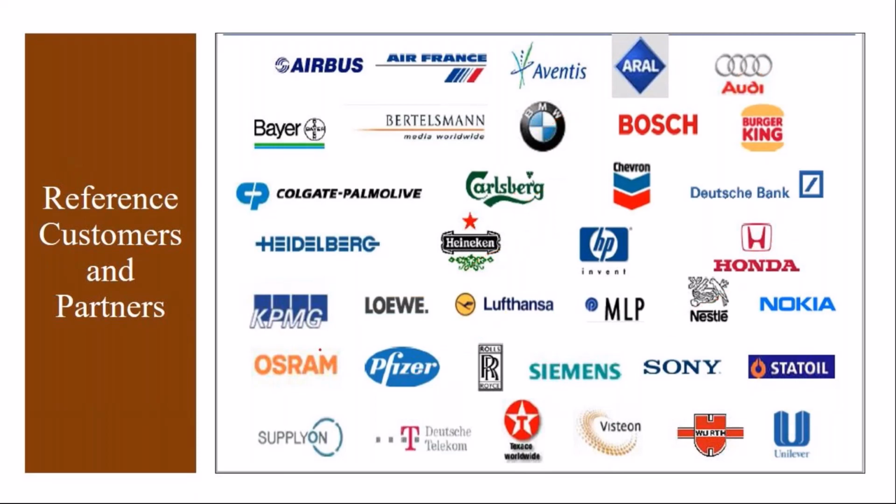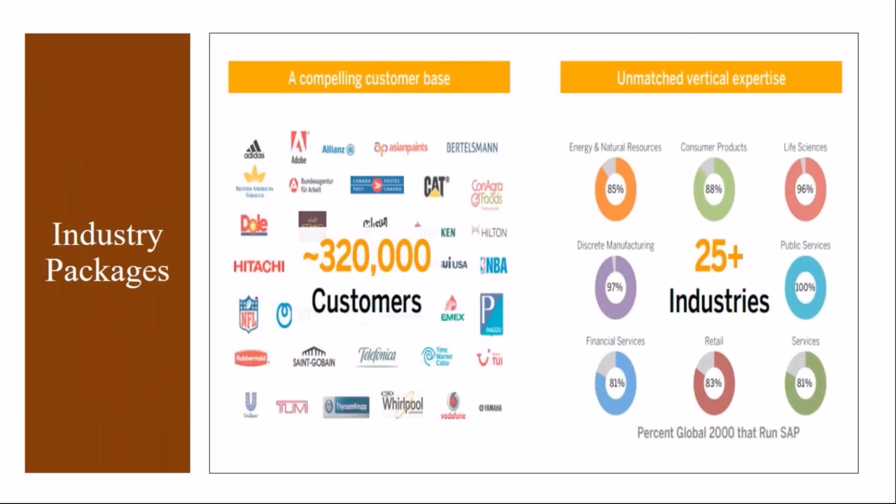As I explained, they have more than 3 lakh 20,000 customers across various sectors, and they have industry solutions for all types of industries: automobile, chemical, pharmaceutical, life sciences, retail, service industries. They have come up with their industry specific solutions.